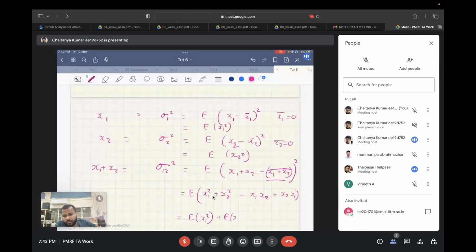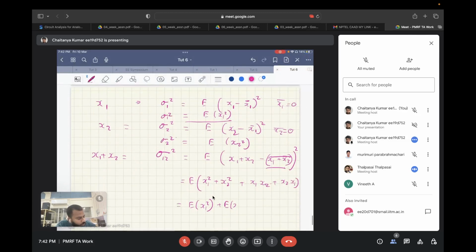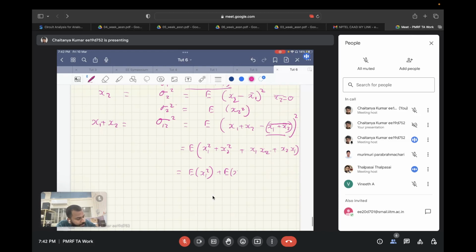The expectation of this complete will be the expectation of x1 square plus the expectation of x2 square plus 2 times the expectation of x1 into x2, right?